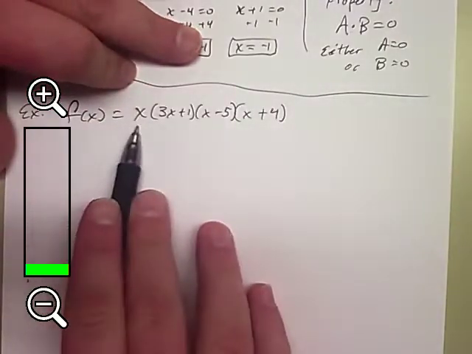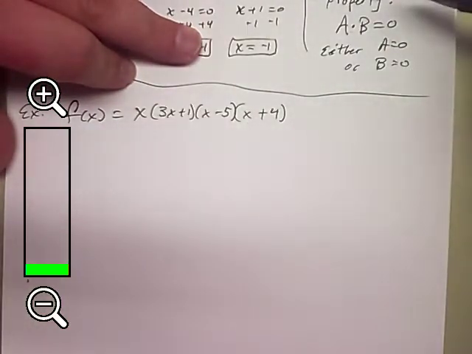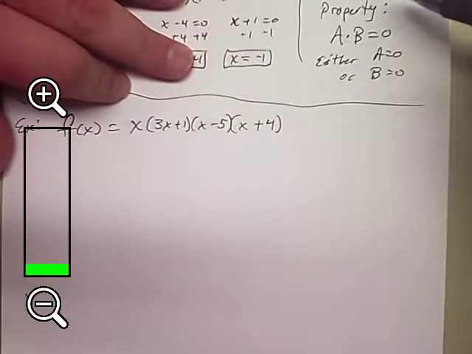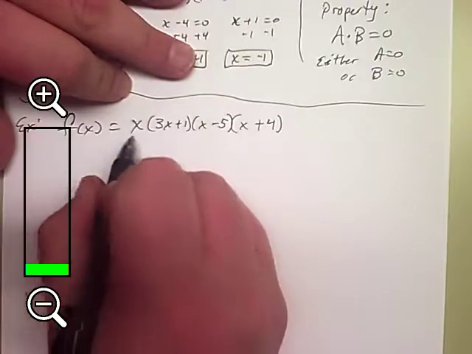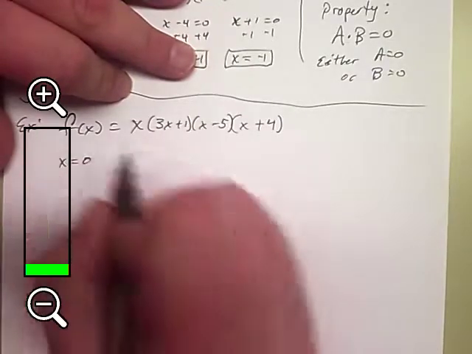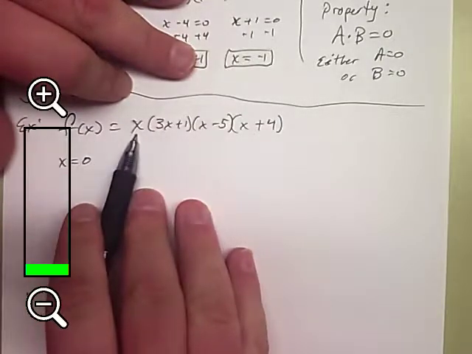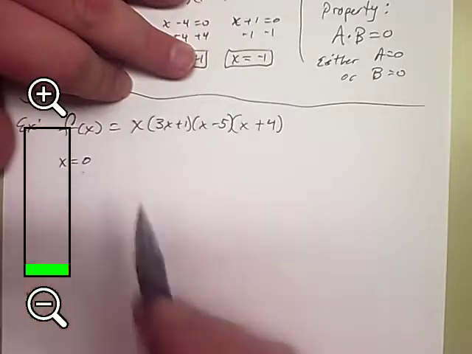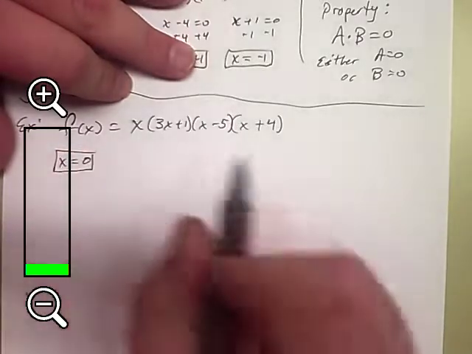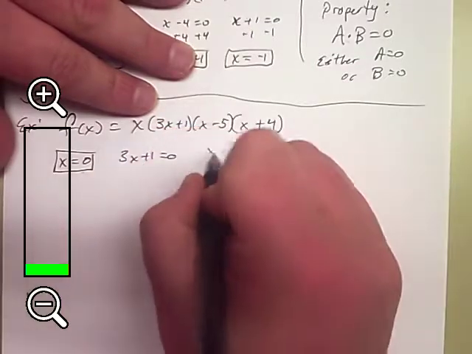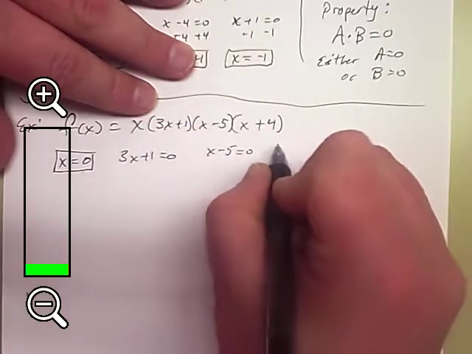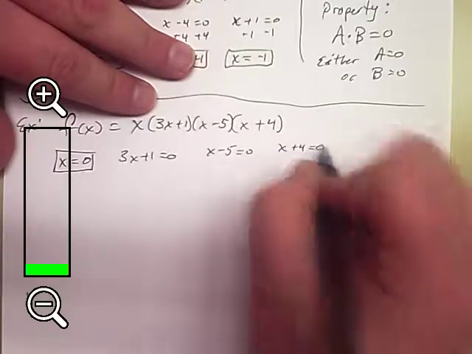All right, so each factor, if we follow our zero product property, set each factor equal to 0, then we're going to solve. So here, the first one is going to be x equals 0. This first factor is x. Set that equal to 0. Well, there's nothing left to solve here, so I'm done. And then I'm going to say 3x + 1 equals 0, x - 5 equals 0, and x + 4 equals 0.